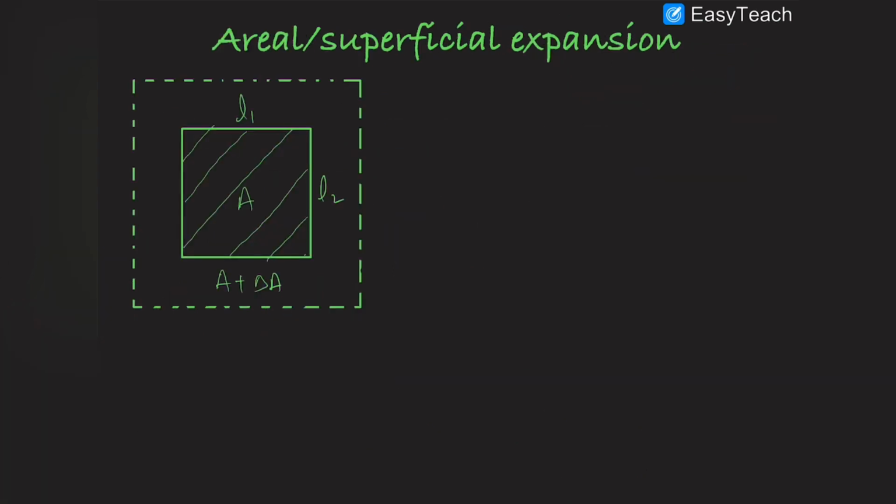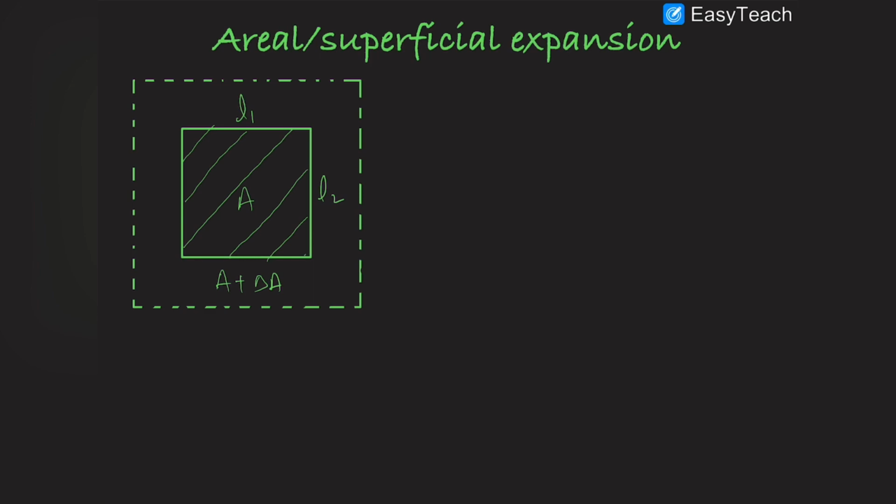You can see that this is a square or rectangular plate whose dimensions are L1 into L2, and if we increase the temperature, both of its dimensions would increase. We are neglecting its width because we are talking about superficial expansion only here.